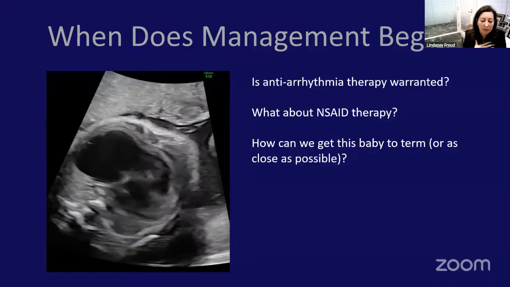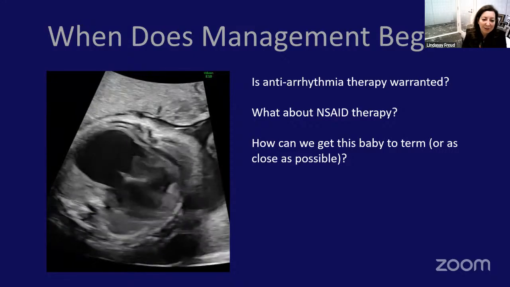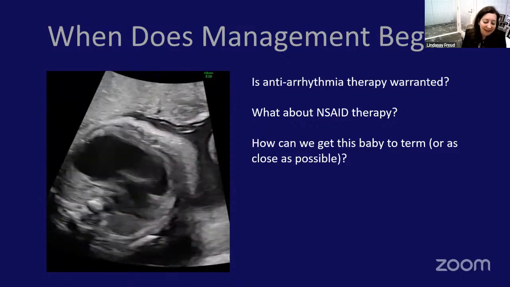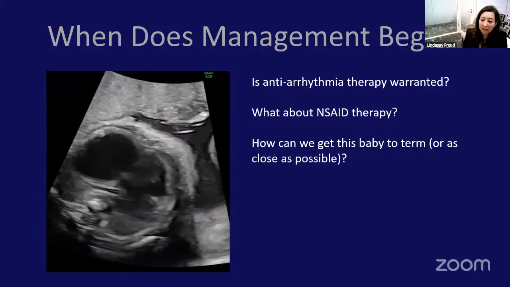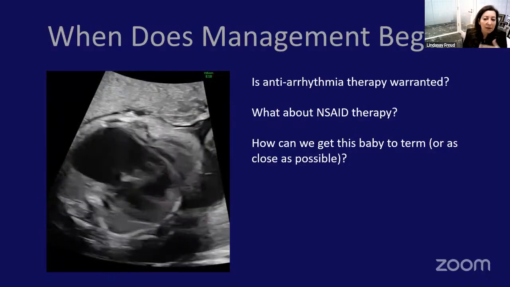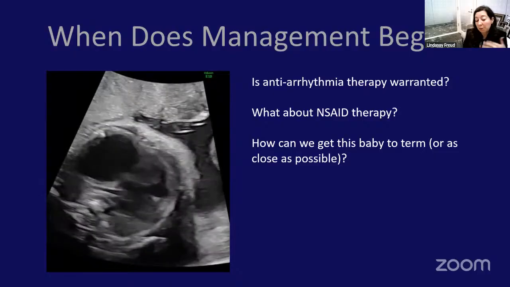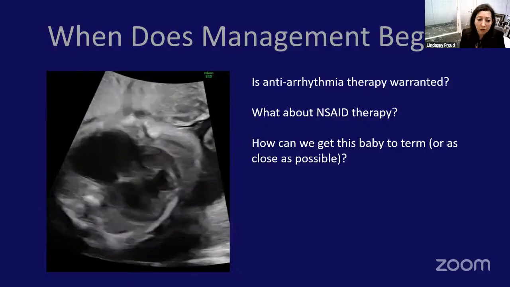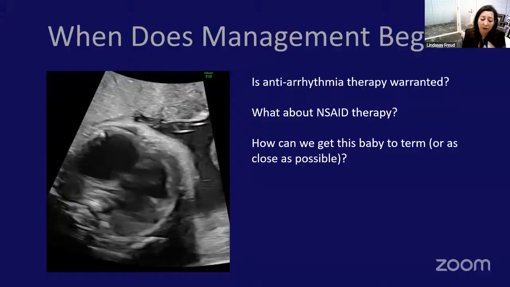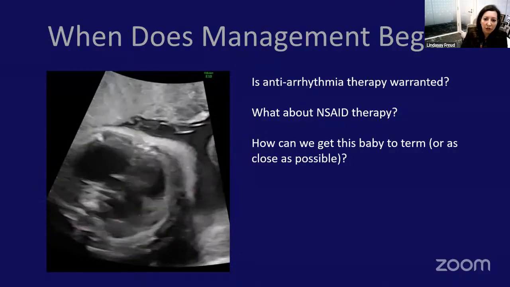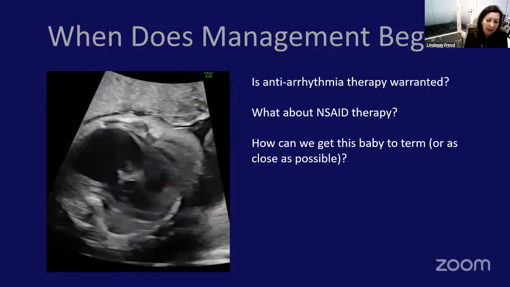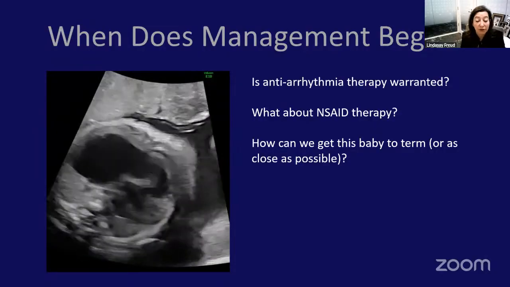And so, of course, as a fetal cardiologist, and I happen to throw this out as a lead to Dr. Strasburger's lecture, but certainly these patients are at risk for arrhythmias. And this was a patient that had actually both reentrant SVT and atrial flutter. So we have to think about antiarrhythmia therapy. As fetal cardiologists, we have to think about NSAID therapy for those cases with severe circular shunting.